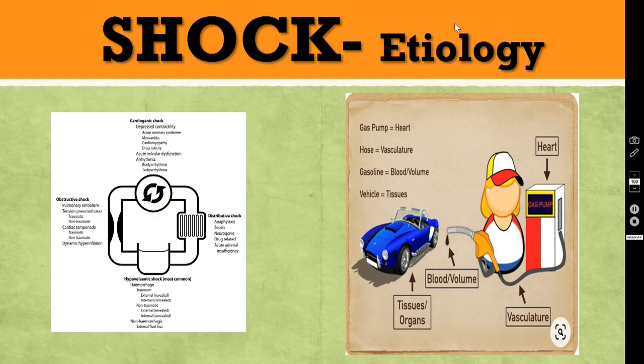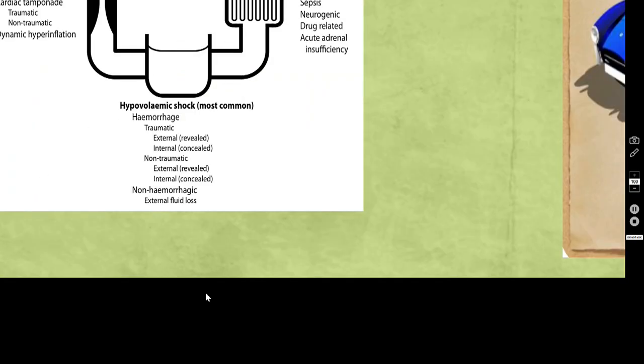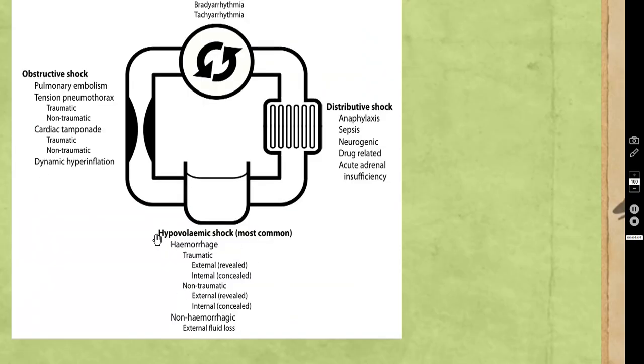Coming to the etiology of shock, as I've told you already, there are 4 types of shock: hypovolemic, cardiogenic, obstructive, and distributive. Hypovolemic shock can be broadly divided into hemorrhagic and non-hemorrhagic hypovolemic shock.